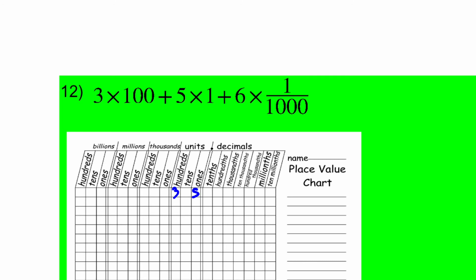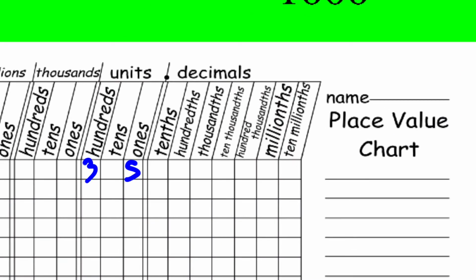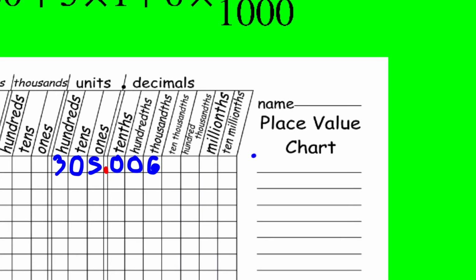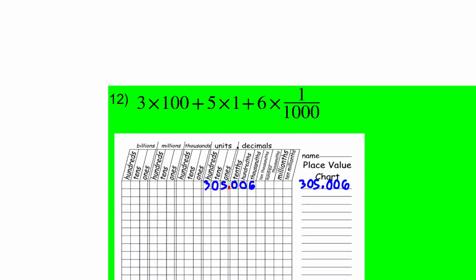And 6 in the 1000th spot. So 6 in the 1000ths. Don't forget my decimal, and I'm going to need some 0 placeholders there, and there, and there. And there's my number, 305 and 6,000ths.